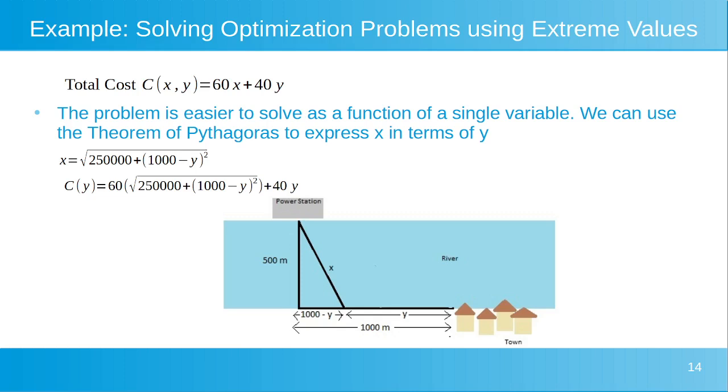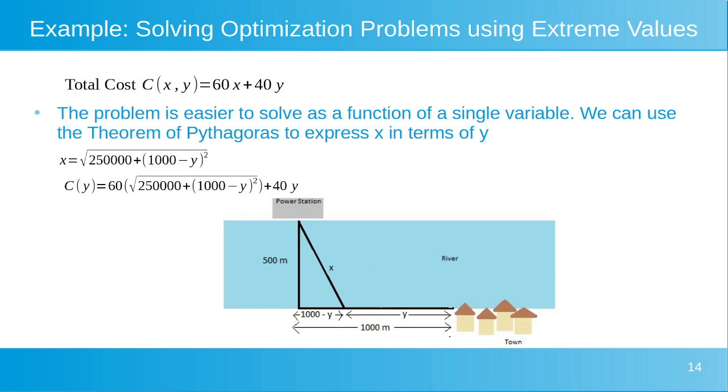Because if we look at our graph here, we've got our distance x and our distance y, and we also know that if we run our cable in the most direct route across the river, that 500 meters, well, going from that point to the town, we know that that's 1,000 meters. So we can find the distance of the base of that triangle as being equal to 1,000 minus y.